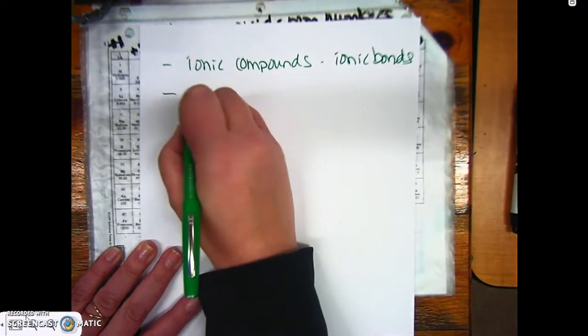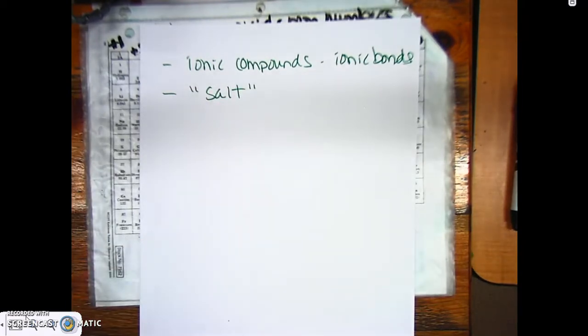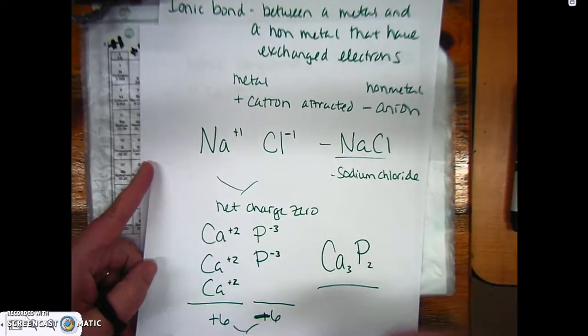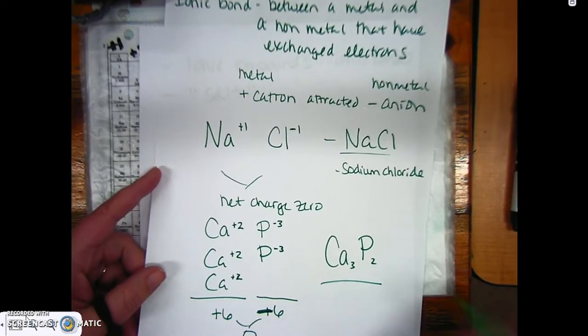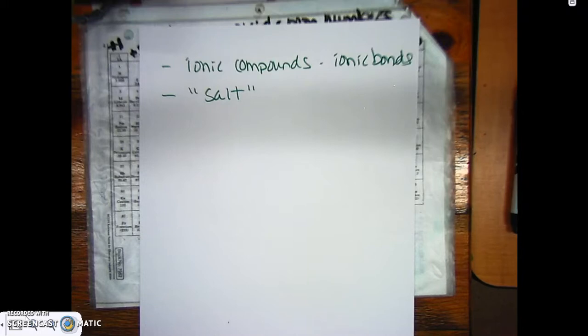Anything that is an ionic compound, we generically call a salt. I've been talking a lot about sodium chloride. The common name of sodium chloride is just table salt. It's what you eat with your dinner. This is also a salt because it's an ionic compound. So any ionic compounds are said to be salts.